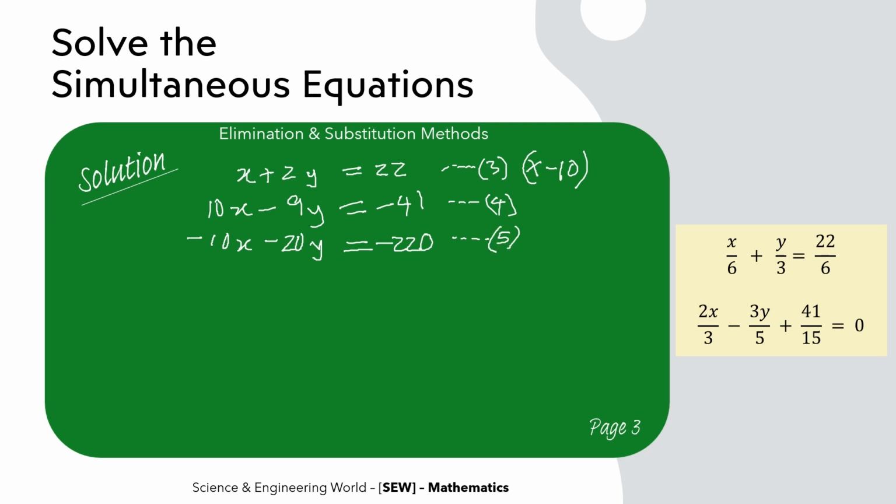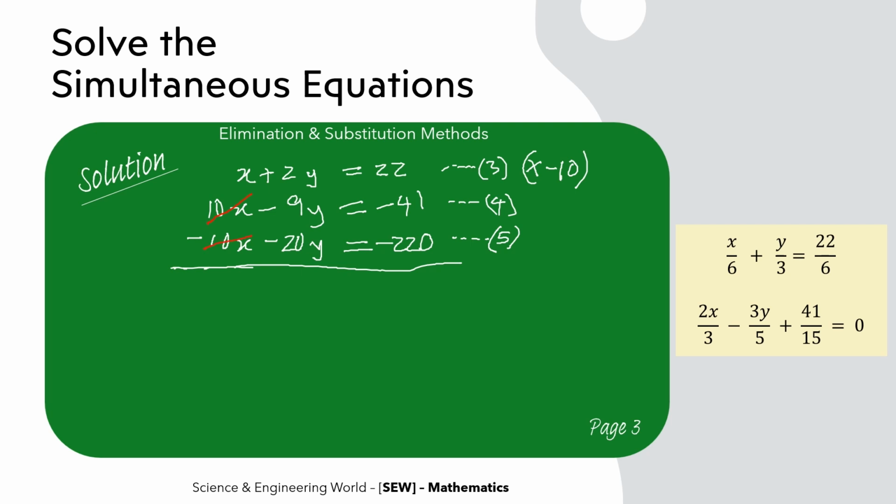Now, adding equation 4 and 5 together, we see that 10x take away 10x cancels.